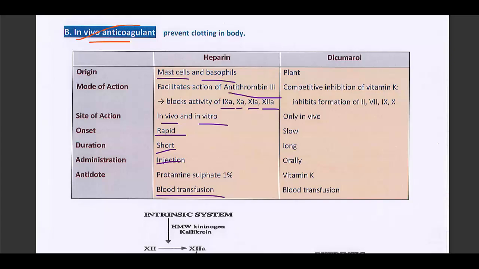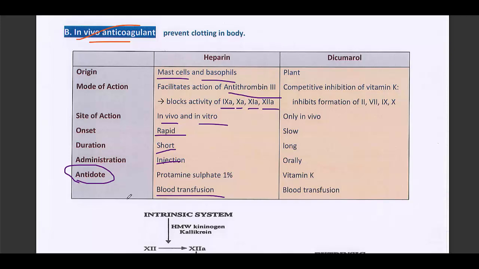So blood transfusion and protamine sulfate are the antidote of heparin. It is normally important in MCQs. Just don't forget it.